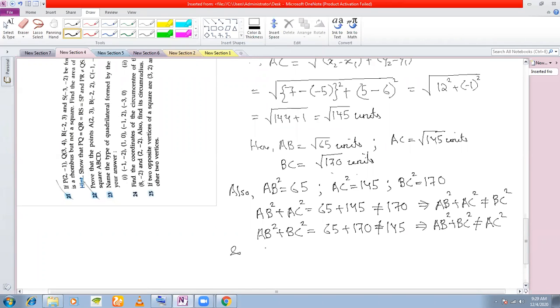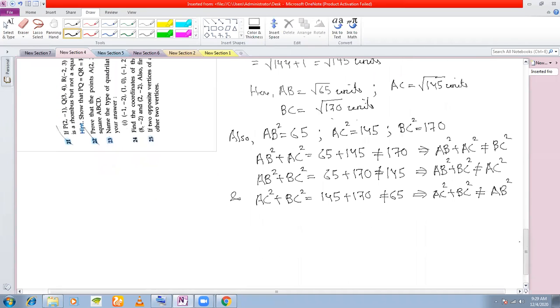AB and AC combination we have taken, AB and BC combination. Now AC square plus BC square is equal to 145 plus 170, which is also not equal to 65. That means AC square plus BC square is not equal to AB square.